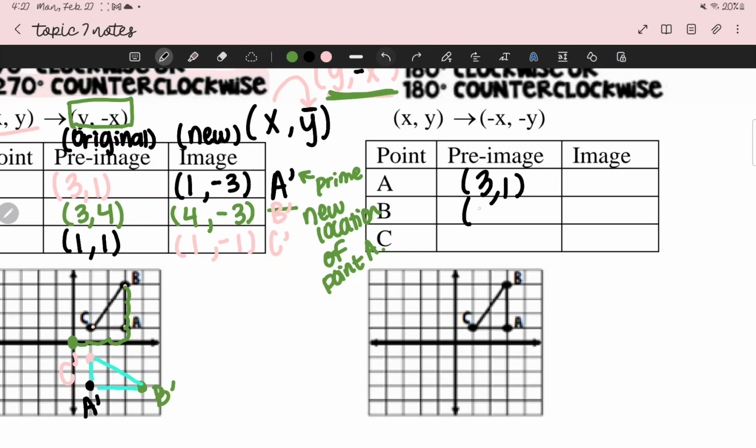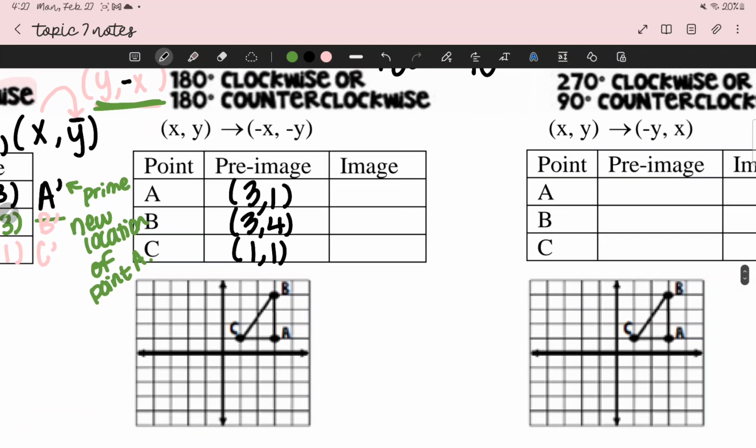And then I had 3, 4 and 1, 1. So my new image is just going to be all of these. The x and the y are going to stay in their same position, but they're going to be their opposite. So instead of 3, 1, I'll have -3, -1. Instead of 3, 4, -3, -4. And instead of 1, 1, -1, -1.